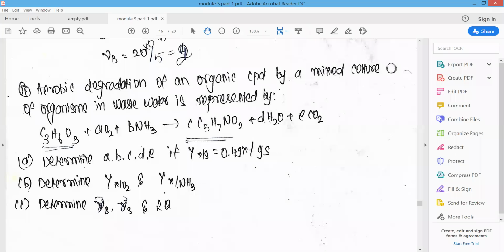So here we have to determine A, B, C, D, E. If Y X of S is 0.4 gram of X by gram of substrate, so here they have given the Y X of S value. And then we have to determine Y X bar O2 and Y X bar NH3, and also we have to determine gamma b, gamma s and the respiratory quotient. So this is what we have to find.